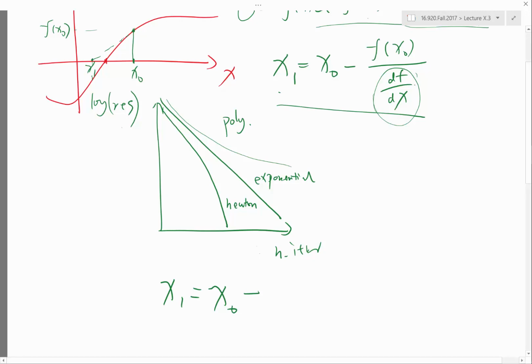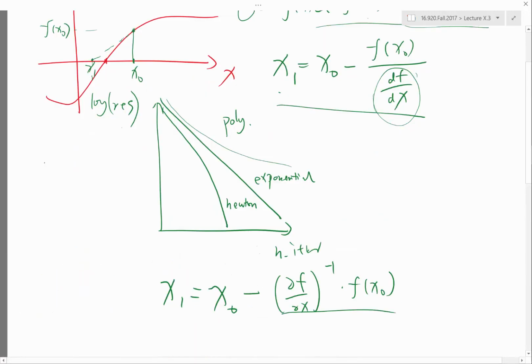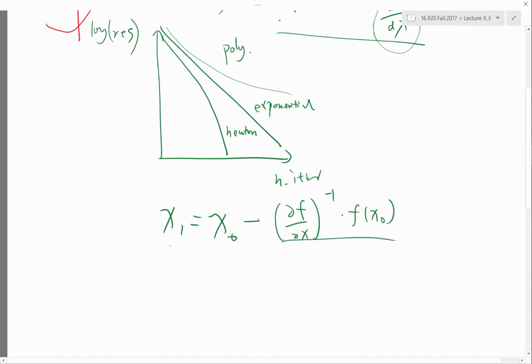So I have to invert a matrix: the inverse of partial f, partial x, times f(x0). f(x0) is a vector, and I have a matrix inverse times a vector. So here it's solving a linear system. And solving a linear system may be doing the green thing here, using iterative methods, preconditioners, and things like that. And then it's just to get me a better guess.